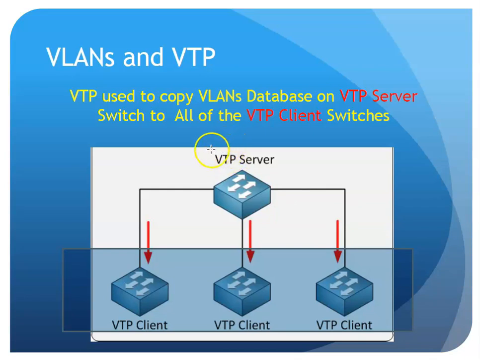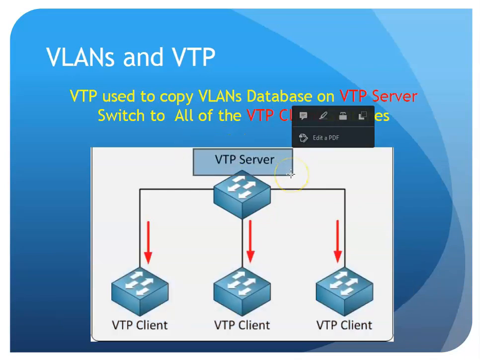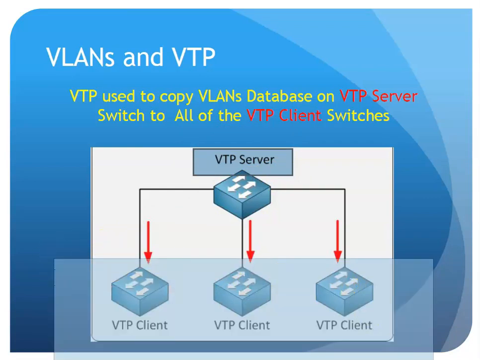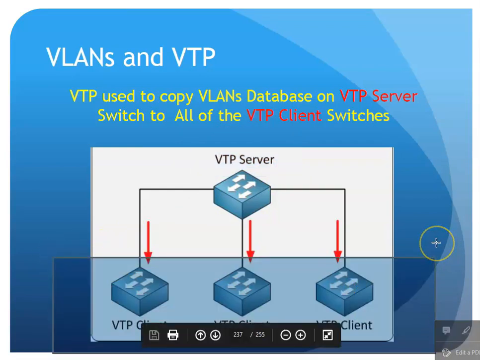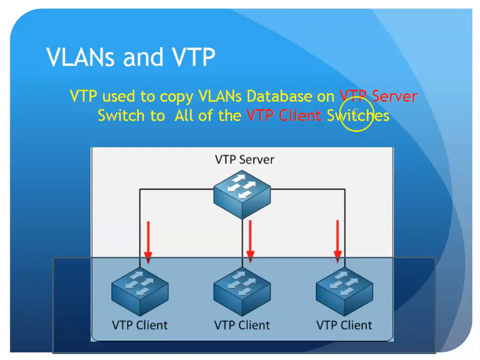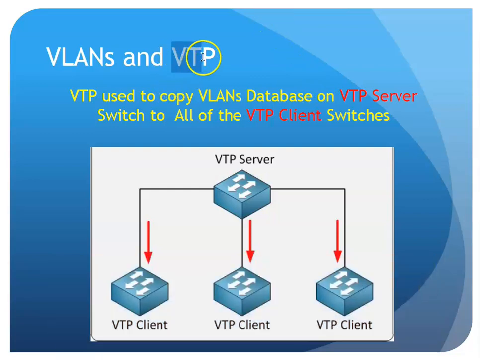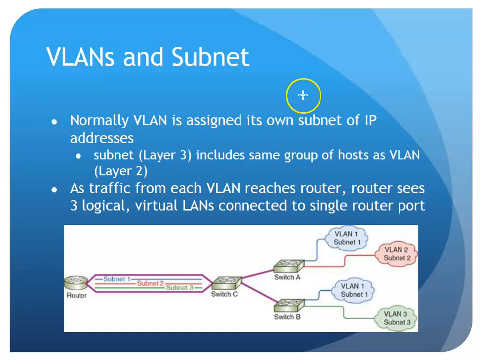If that's the case, I could configure the main switch in the student center, and all of the switches in the other buildings would copy that VLAN database table. That way I could make a change to one switch and the other 4 or 5 in my campus would get updated from that. That's what VTP is really about. Okay, so just keep that sorted in your brain.